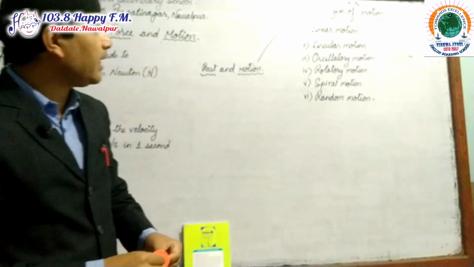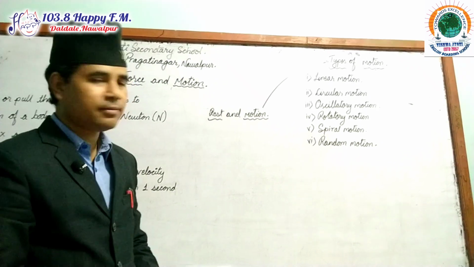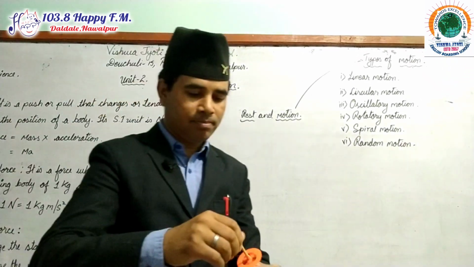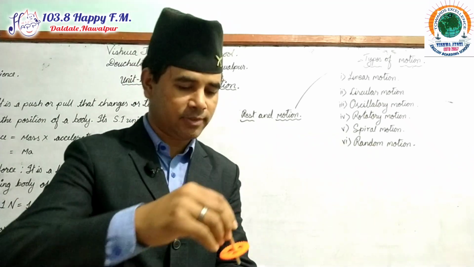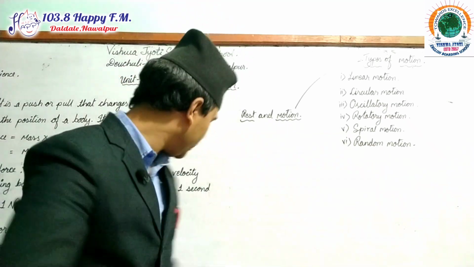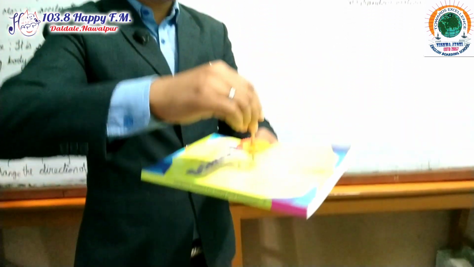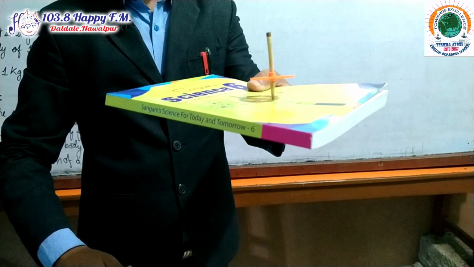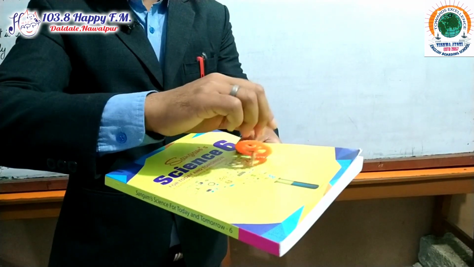Next example of rotatory motion is the top. I think that is called Nepali Bhurung, if I am not mistaken. Look here, my dear students, I will demonstrate this, it will make it very easy. Look, it is rotating. This is a very good example of rotatory motion.